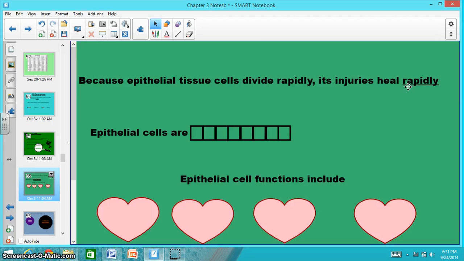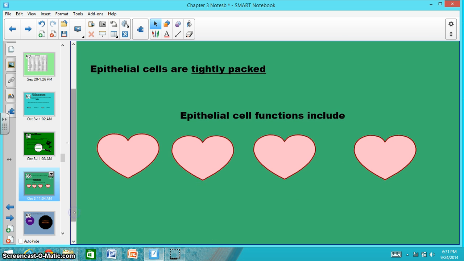Another characteristic that's unique to epithelial cells is that they're packed tightly together. There's not really any space in between. And they have a wide variety of functions, including protection. That's probably their main function. They help protect your skin, waterproof it, protect you from injury and from pathogens, and protect the inner lining of your intestines and your stomach.